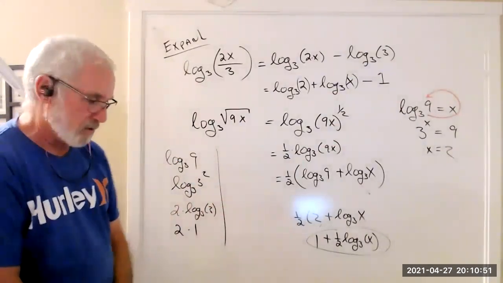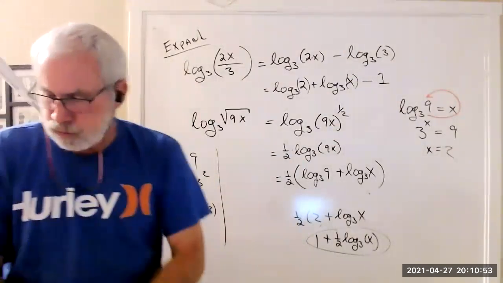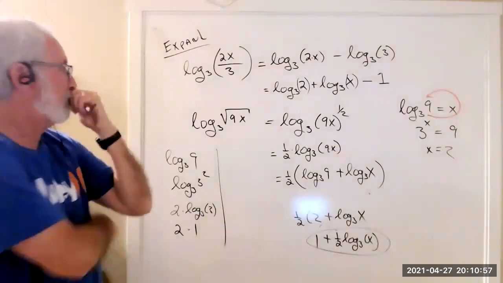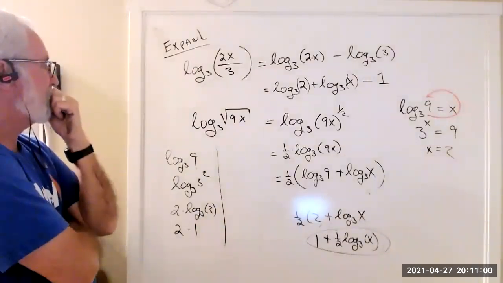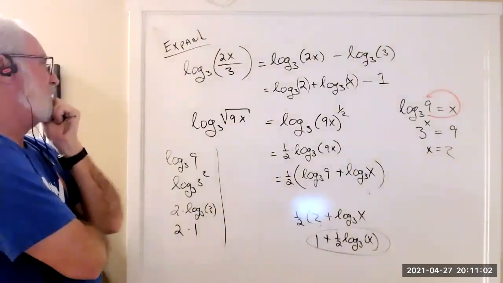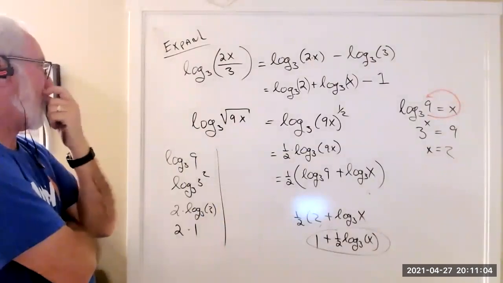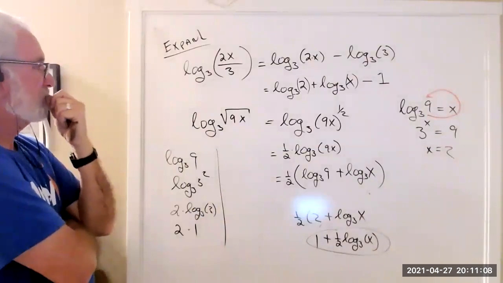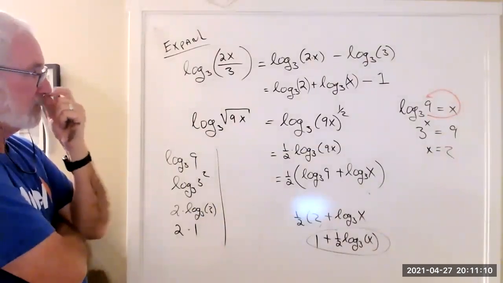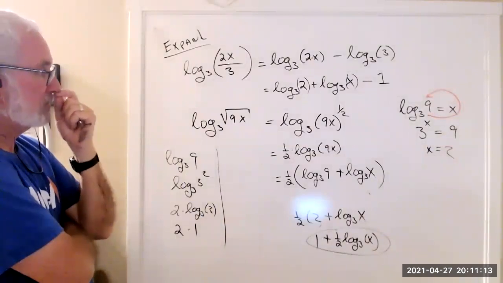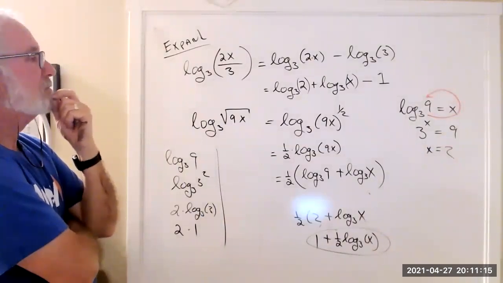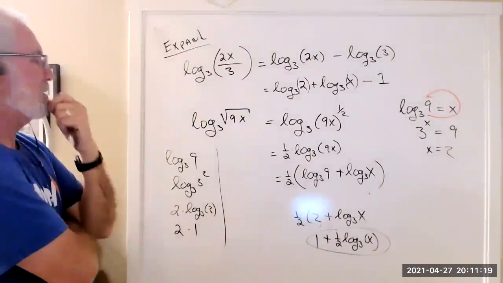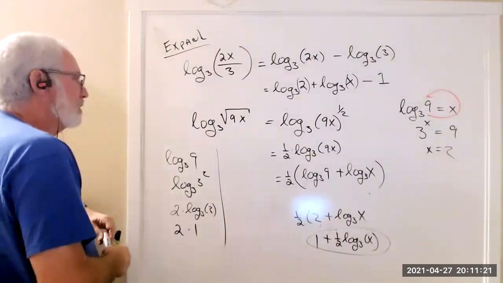Professor, I got a question. Yeah. So when you have the radical over that 9x, but then on the next line you convert it to the log base 3 of 9x to the half power, aren't we getting rid of the square root already, or the square root of that 9?